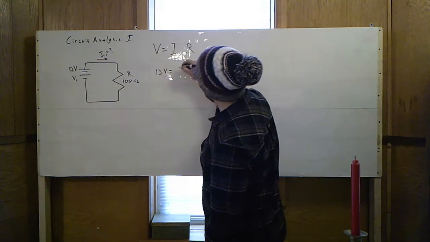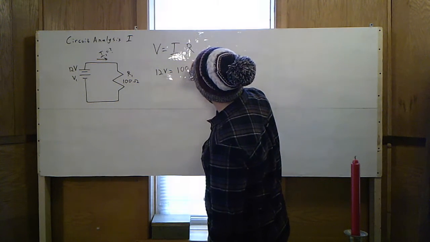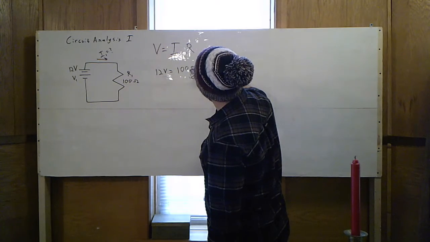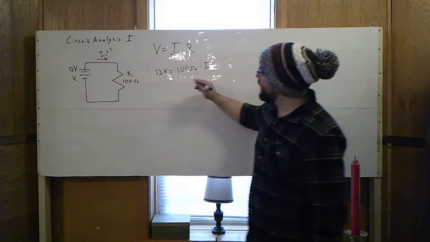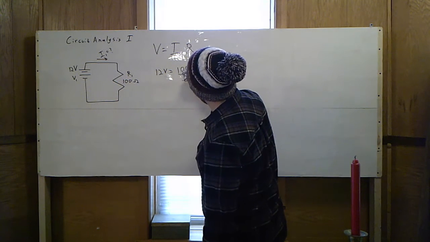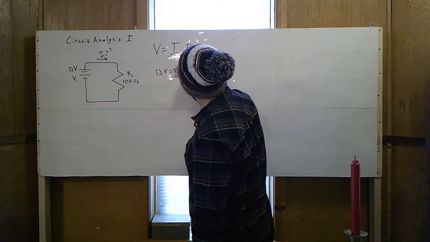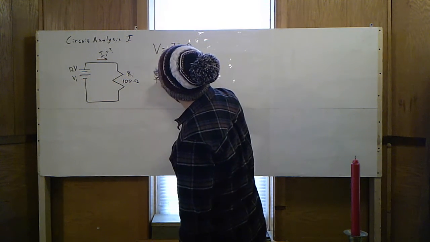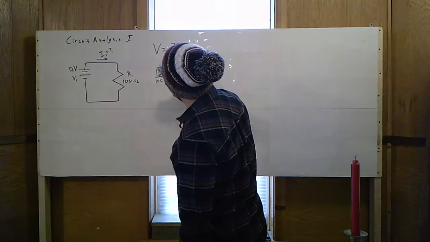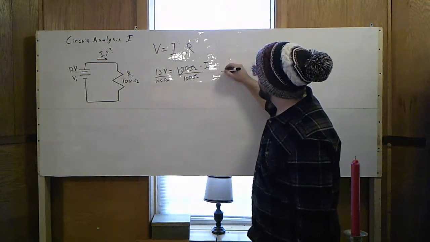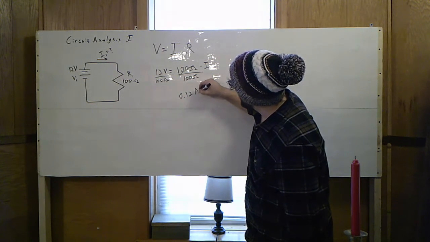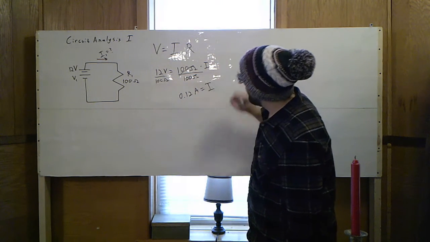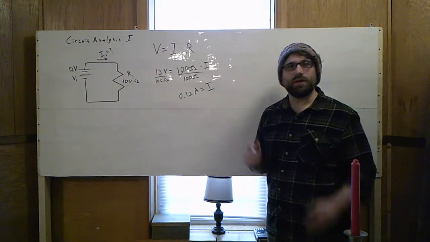My resistance is 100 ohms times I. In order to determine the current, I simply divide both sides by 100 ohms. And that leaves me with 0.12 amps of current. Nice and simple.